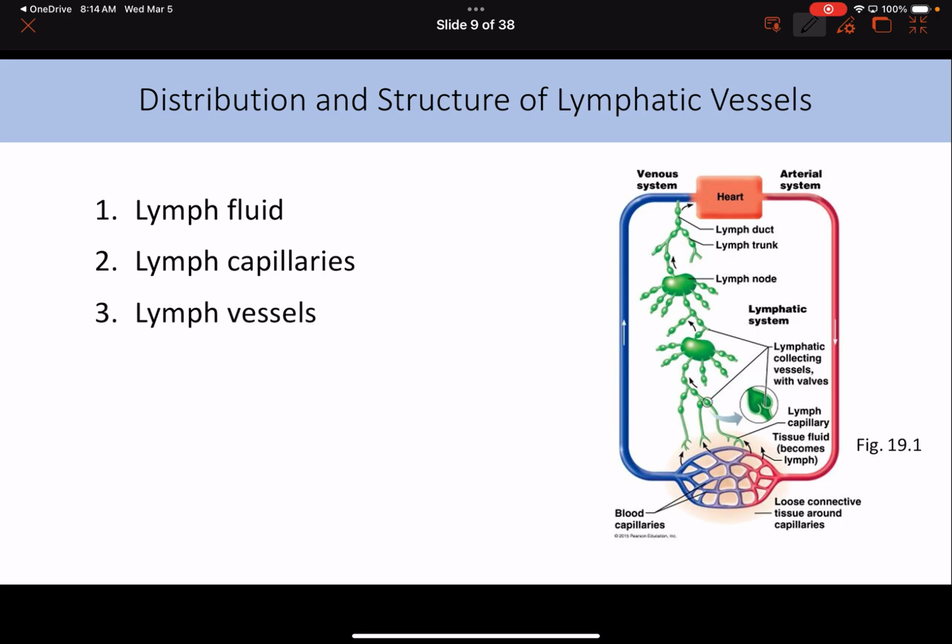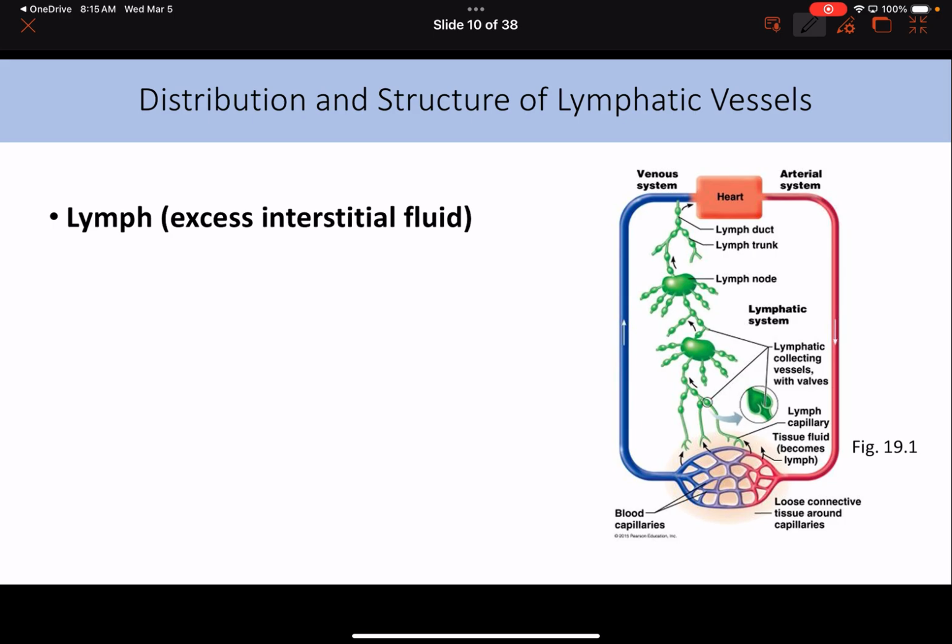Then we have lymph vessels, which those capillaries are going to drain into. And then eventually we drain that fluid back into our blood system, back into circulation. So we're just picking up the excess fluid at the capillaries, transporting them through lymph nodes all the way back till we get to the veins. So we're actually going to dump that lymph fluid into our subclavian veins, and then they return back into circulation.